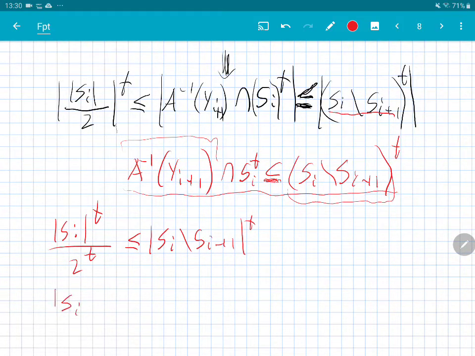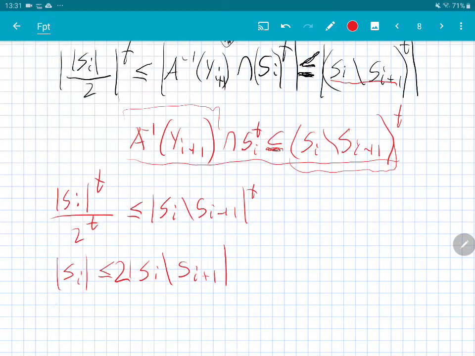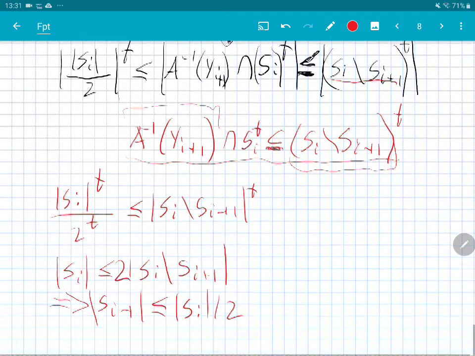We get that S_i is smaller than S_i minus S_{i+1}, which is the loss that we get in this iteration, times 2. So the number of elements we lost in S_i in this iteration is at least half the set, namely S_{i+1} is smaller than S_i divided by 2.